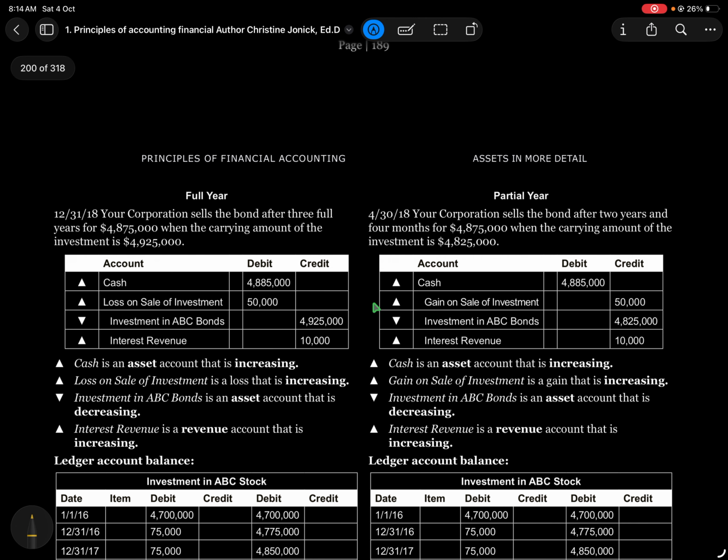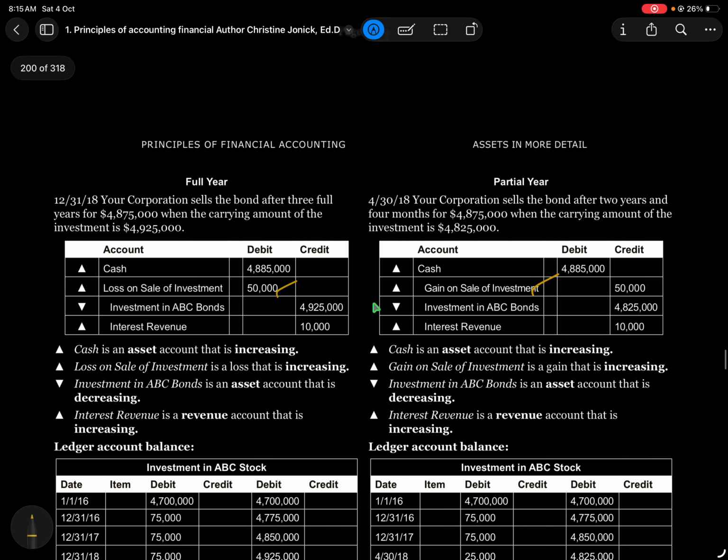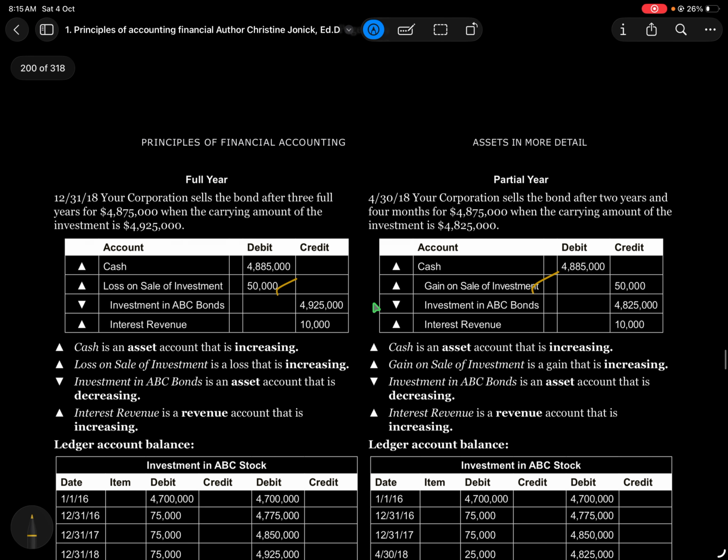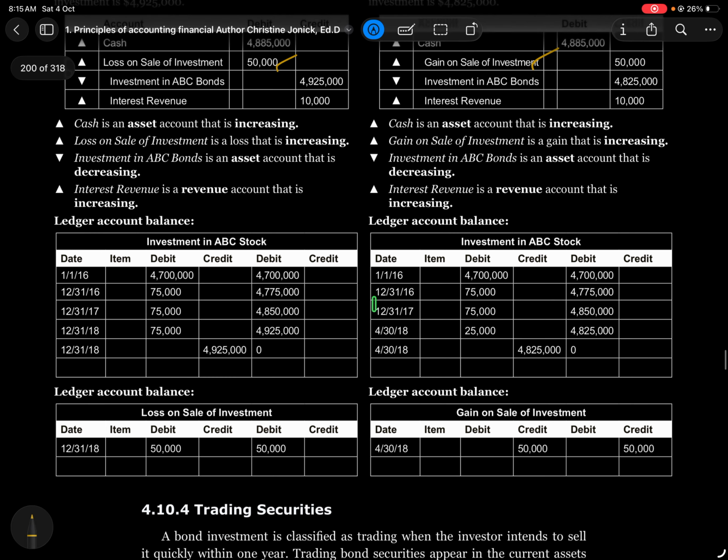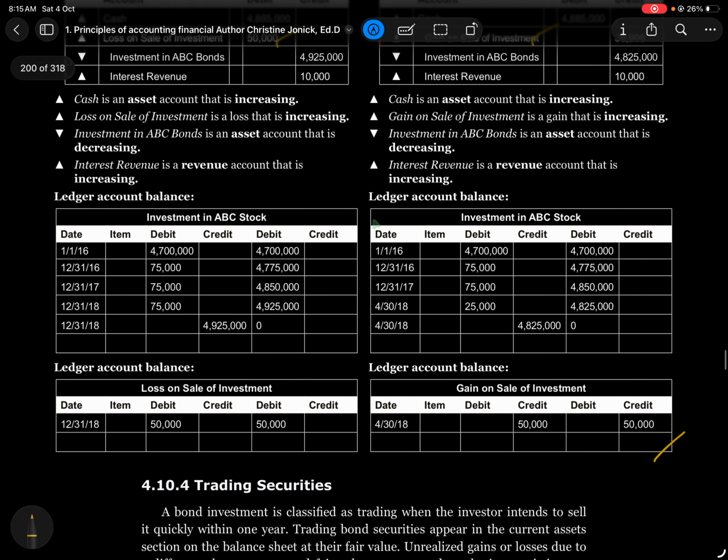But it just depends on how we are doing it. So it's a similar way of doing it.